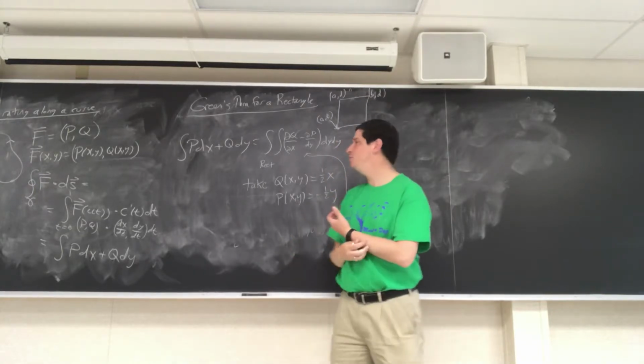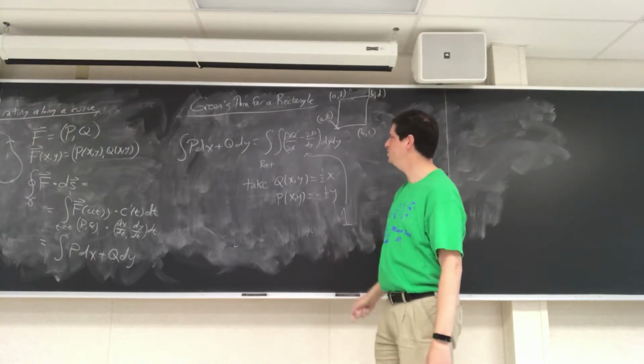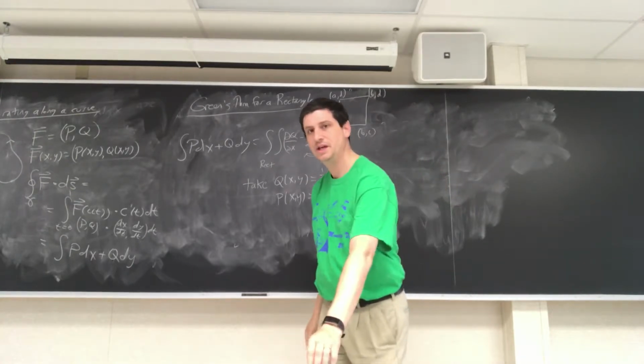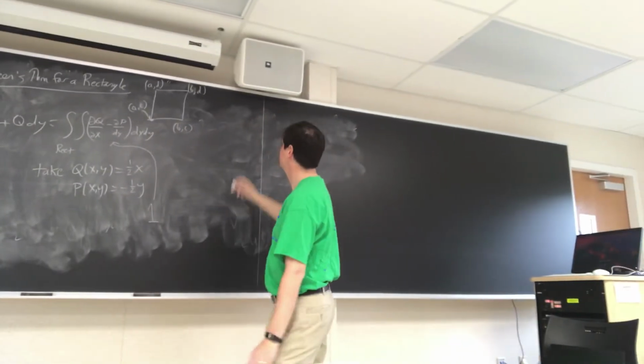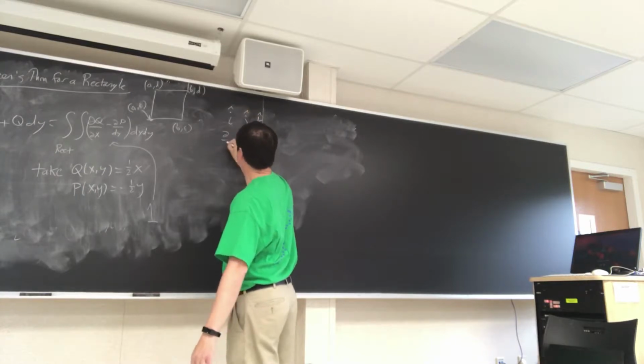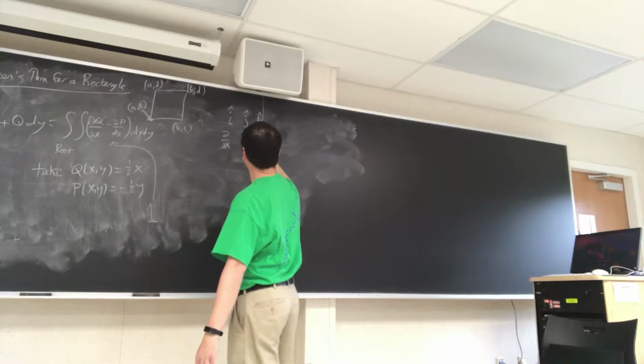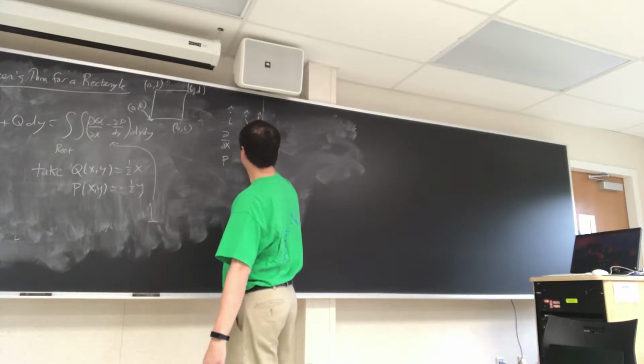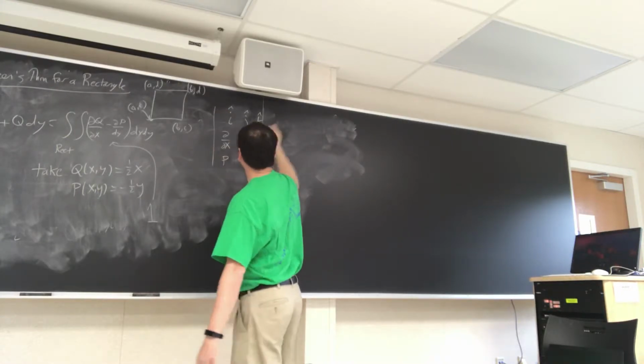Well, before we prove it, let's talk about what this might even mean, dQ/dx minus dP/dy. And this will allow us to review a couple of things. So let's look at i, j, k, d/dx, d/dy, d/dz, P, Q, and 0.